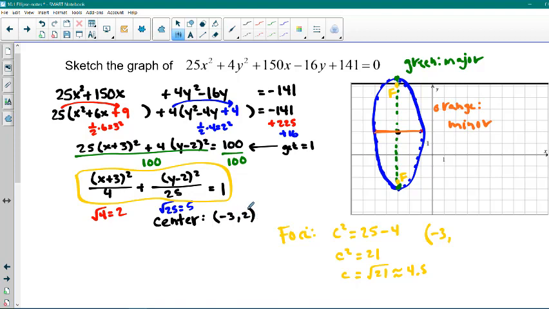If so, the y got adjusted. Well, we moved up and down, so we're going to add this to the y part of our center. So -3, 2 plus and minus, because we went up and down, the square root of 21. That's the location of the foci.